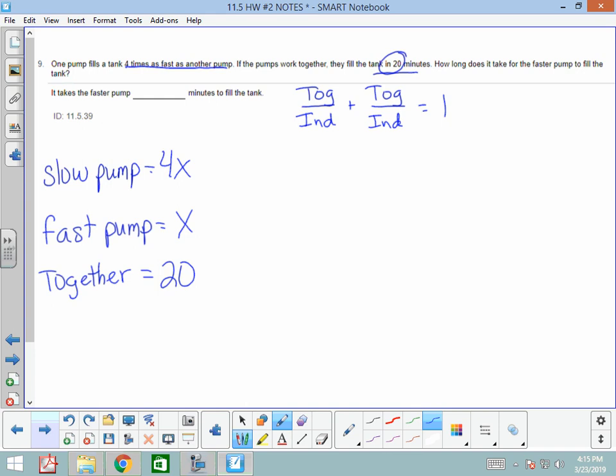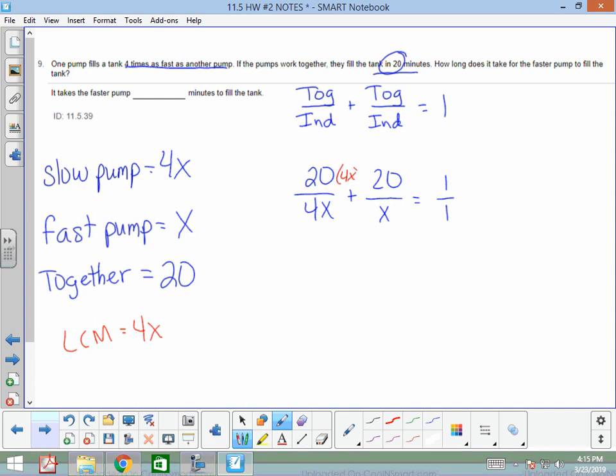Okay, all right, so together over the slow pump plus together over the fast pump equals 1. So the LCM is 4x. So we're multiplying each numerator by 4x.